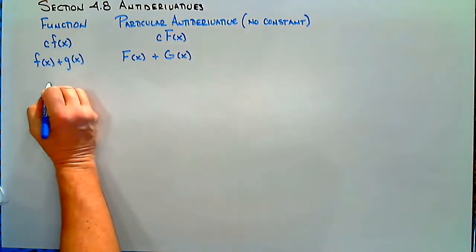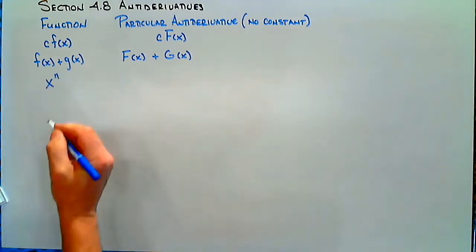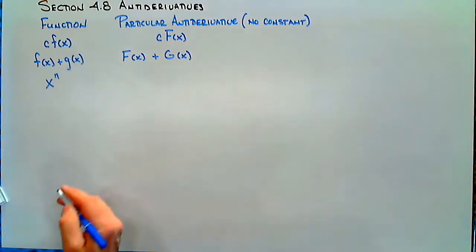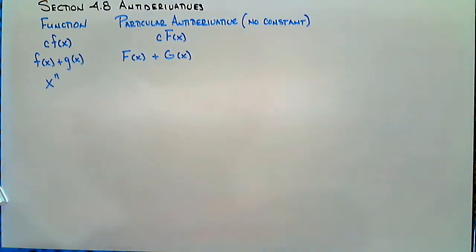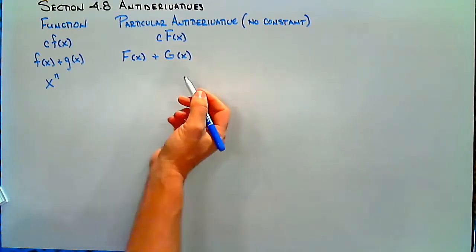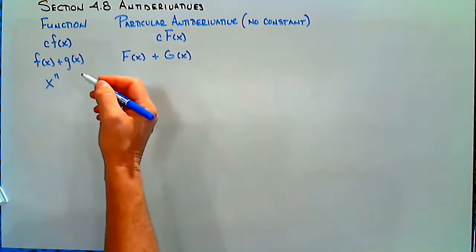Now, what about x to a power? You and I have already looked at this. We did an example, our introductory can-we-see-the-process example that we talked about in the beginning. We used x squared. If you remember, we ended up with x cubed over 3.